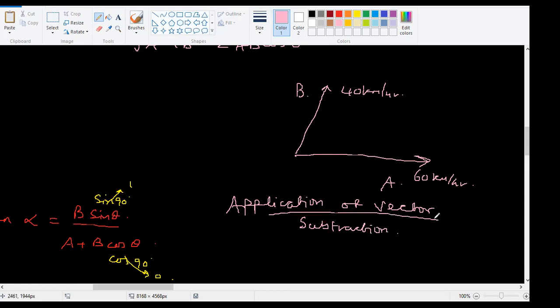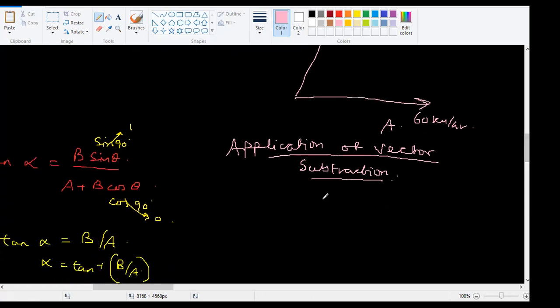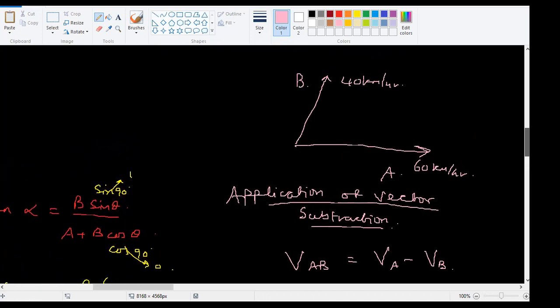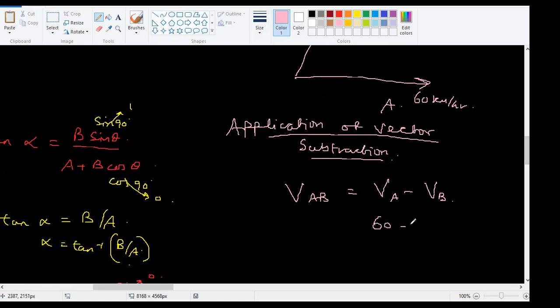So if I asked you what is the relative velocity of A with respect to B, I will write the same thing. VAB is nothing but VA minus VB. But is it okay if I did 60 minus 40 here? Is it okay or not okay?